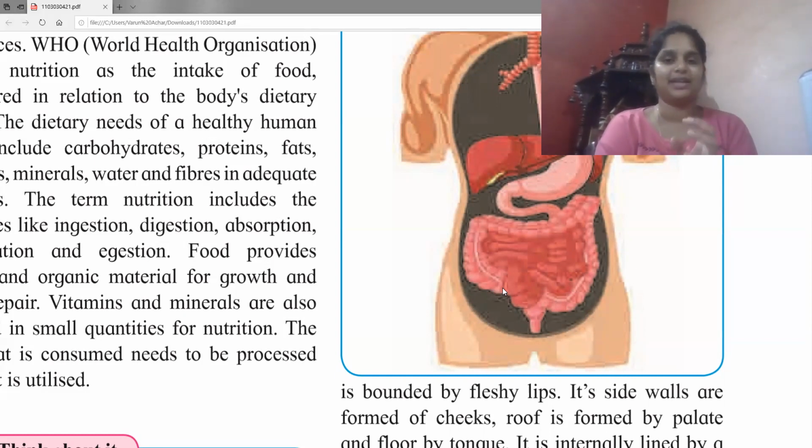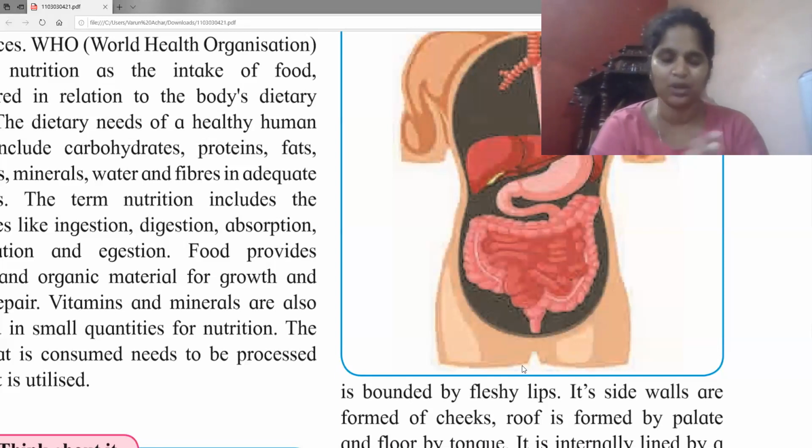So these good bacteria, which help you in digestion and also keep your intestine healthy, are present in this region called the cecum. And the bacteria there are going to break down the food and help in absorption of whatever nutrients were left out at the last minute. They'll be absorbing all of that.